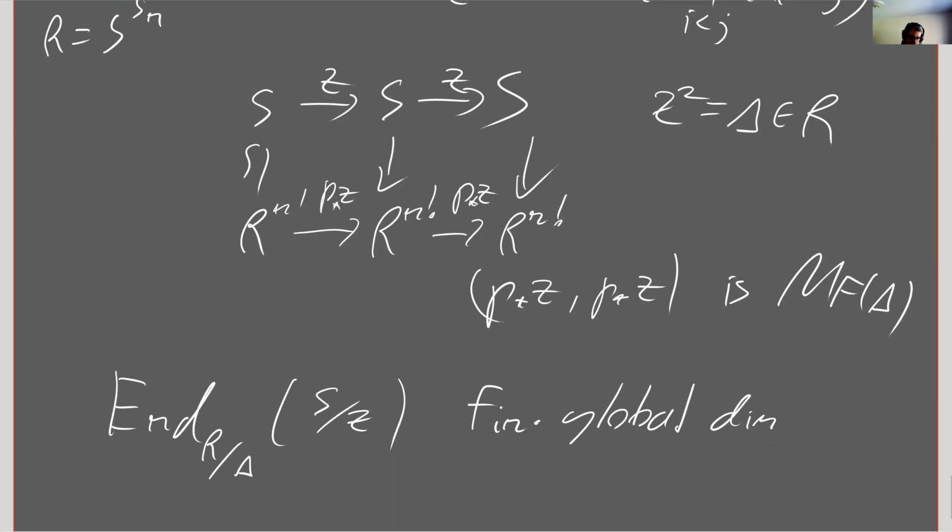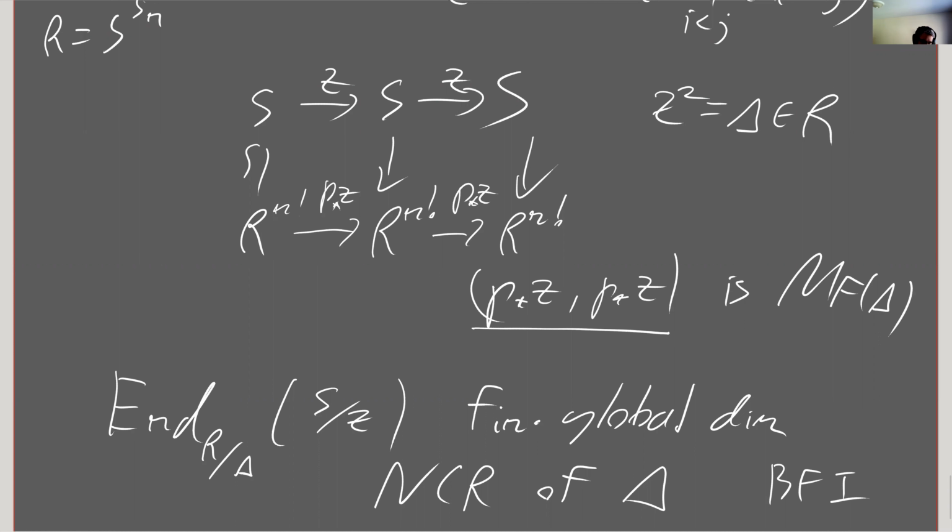So it's a non-commutative resolution of delta. This is the content of this paper by Buchweitz, Faber, and myself. So we know we have this non-commutative resolution, and it's given by this matrix factorization, or if you prefer, this Cohen-Macaulay module here, and it's huge.